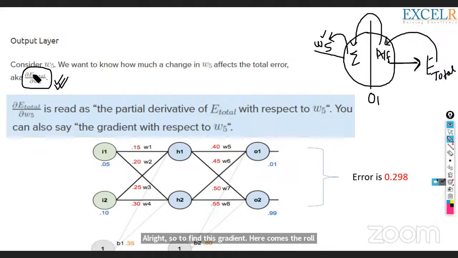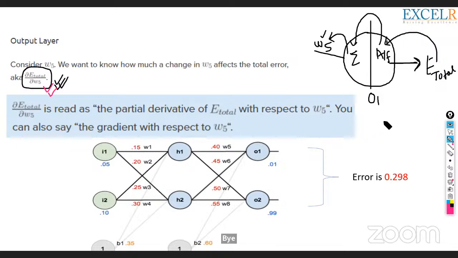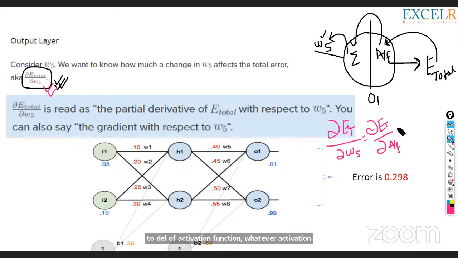So this derivative, dE total by dW5, will get broken into the chain rule. It will be del E total with respect to del of the activation function, whatever activation function you are using, multiplied by del of the activation function with respect to del of whatever adder function you are using, and then the adder function depends upon weight W5.